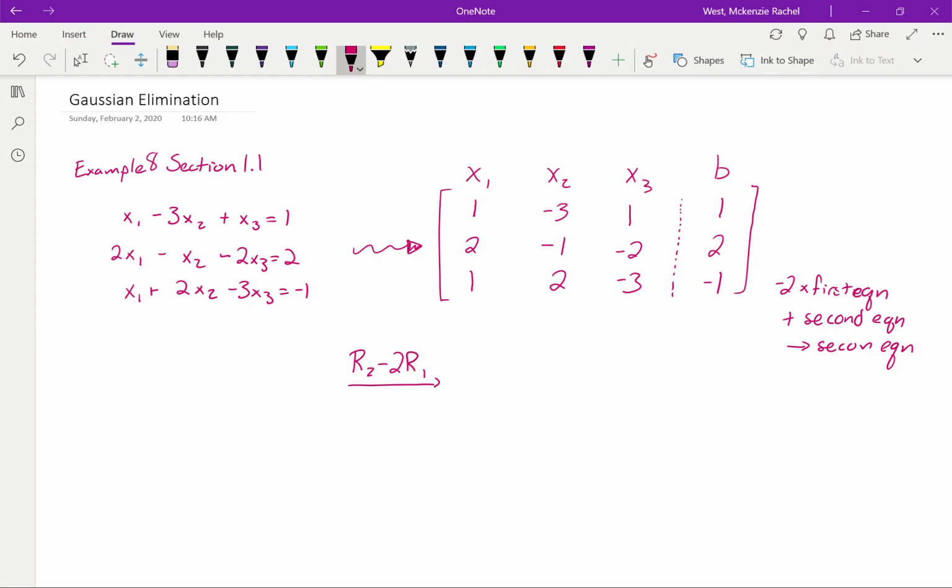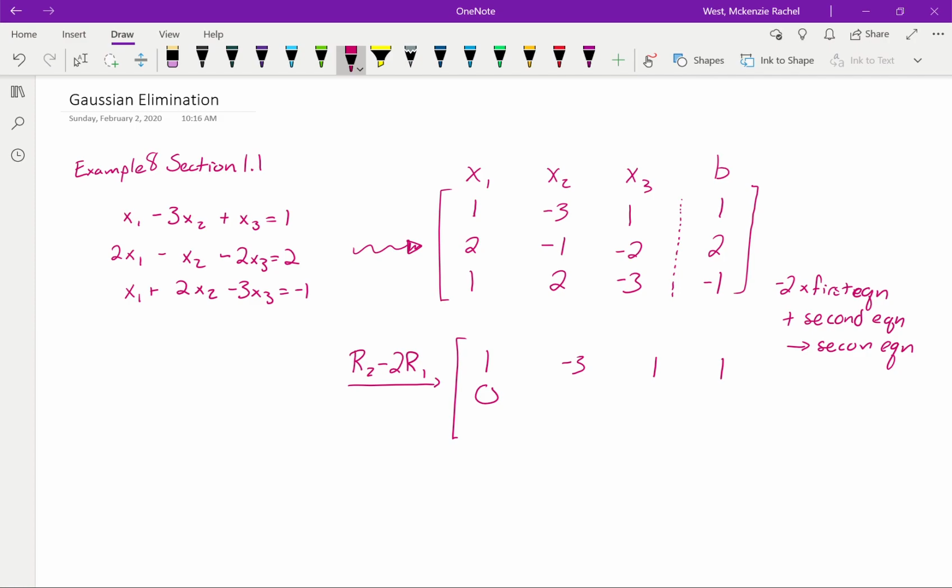And we will denote it in this way. So we get 1, minus 3, 1, 1, which is still our first row because we haven't changed the first equation. The second equation then becomes a 0 in the first spot because we do 2 minus 2 times 1. And really that's what we wanted there anyway.